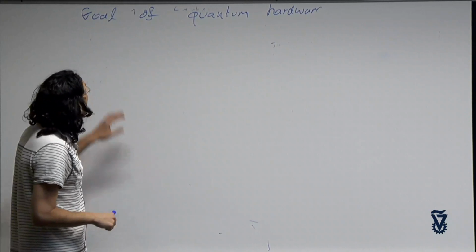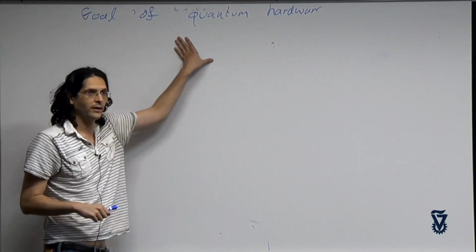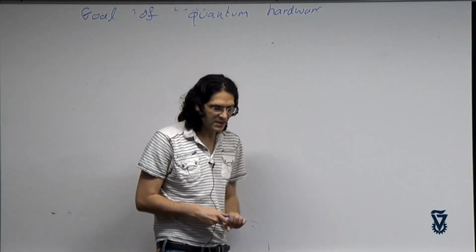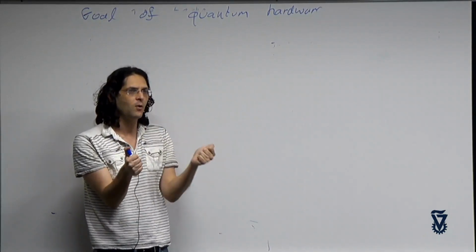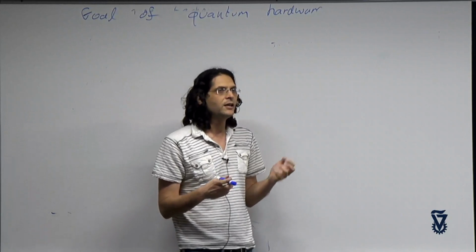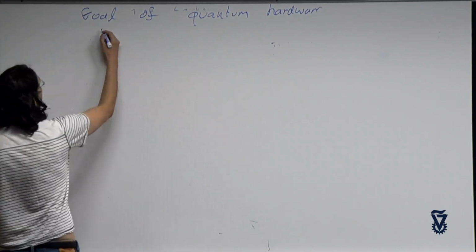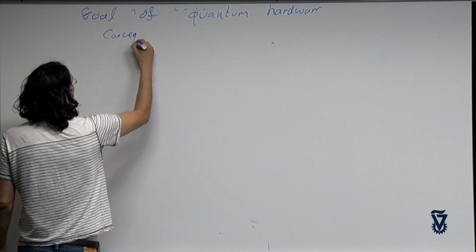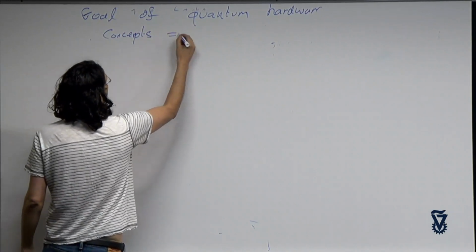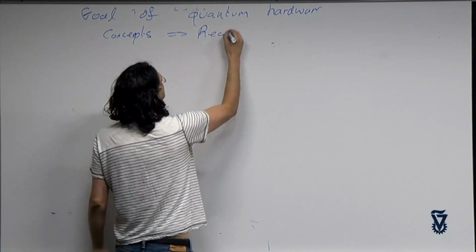Okay? And the goal of a quantum hardware, you can state it in a very simple sentence, is basically to bring those quantum information concepts, basic quantum concepts, into reality. Okay? So the main goal is concepts need to come to reality.